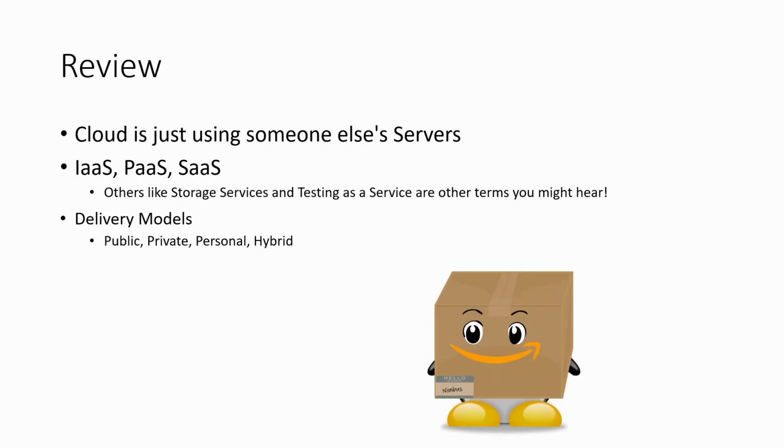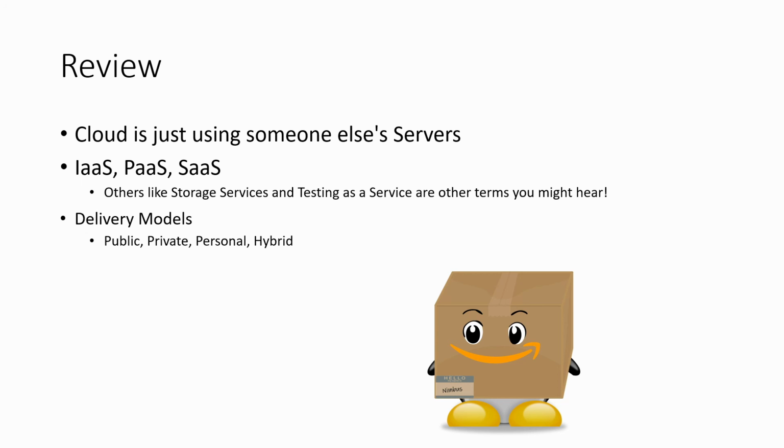So really, again, this was a very basic look at cloud computing, what it is and why we need it. Important, again, just to make sure that everyone has a good understanding, is that cloud is really just using someone else's servers. I'm just renting them from someone else, and I'm asking them to take care of those servers for me.